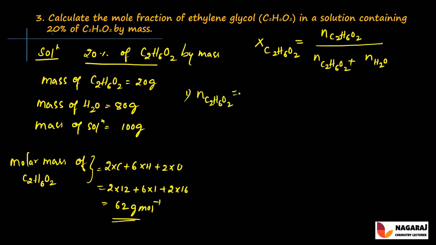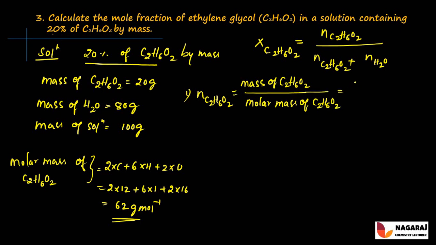So first calculate number of moles of C2H6O2. Number of moles is calculated by using the formula: mass of the component divided by molar mass. Mass of C2H6O2 divided by molar mass of C2H6O2.